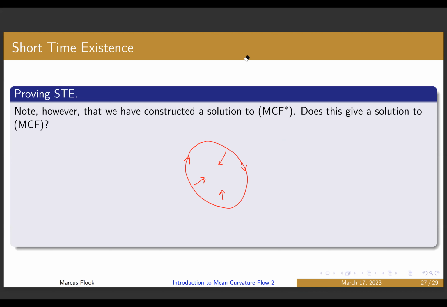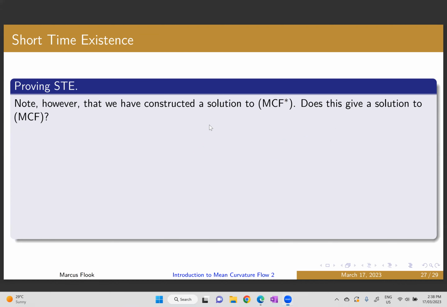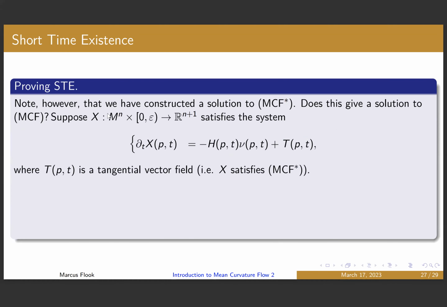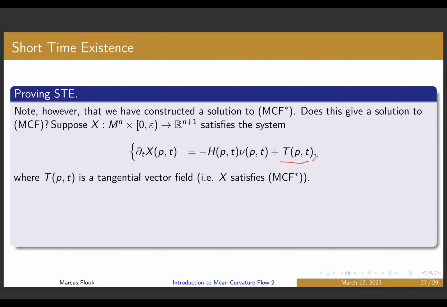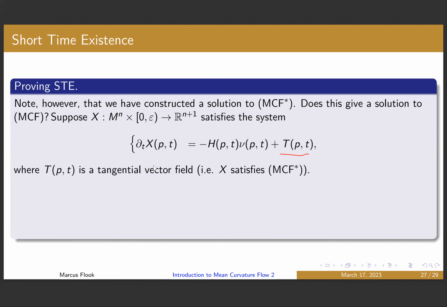This initial drawing might be nice to think about. Suppose we have a short time solution to the following system, where this is our tangential vector field. This is the term that's making it different from mean curvature flow. So we've proven the existence of this problem.